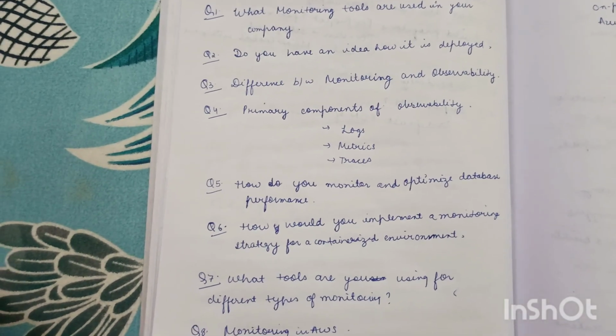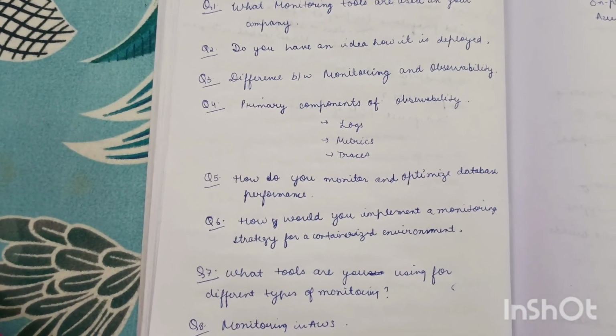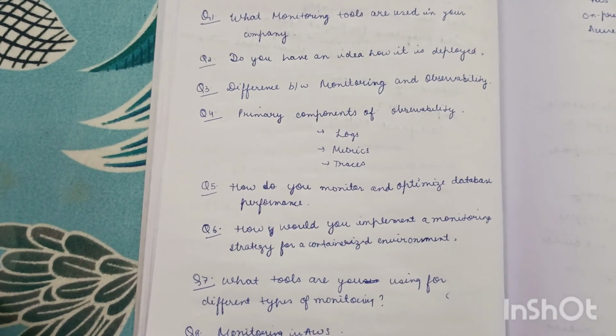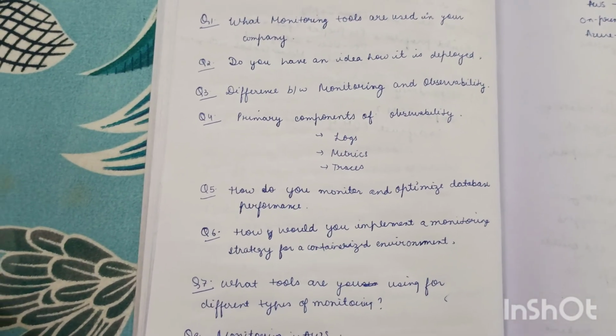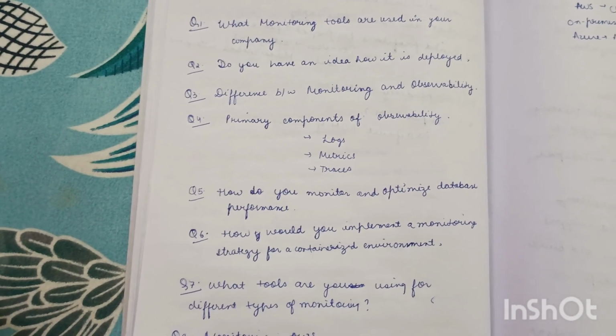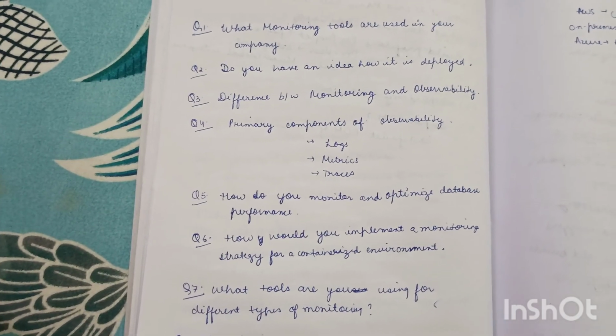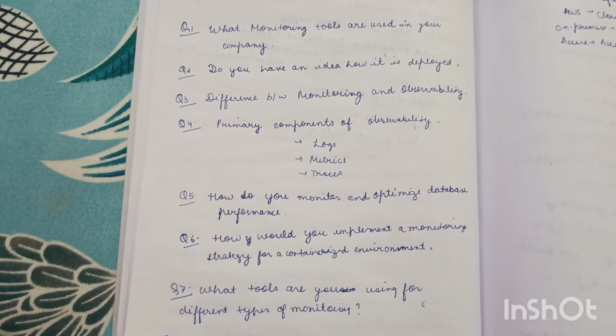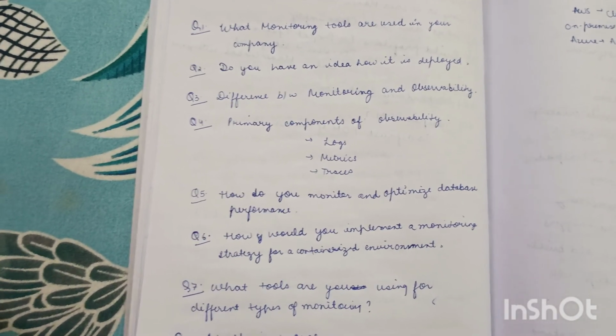Also, guys, if you are planning to explore different roles, you can go for SRE engineer if you love working on monitoring tools. In DevOps also, it will be an upper hand if you know monitoring tools too.